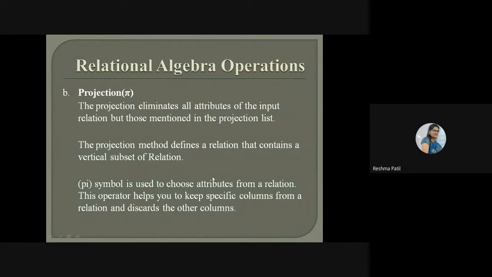Vertical means column-wise. Only that particular attribute it is going to show. The pi symbol is used to choose attributes from a relation. This operator helps you keep specific columns from a relation and discards the other columns. So only specific columns will be shown to the user, other columns are discarded.